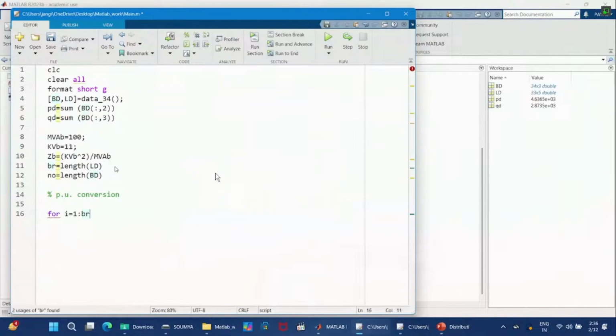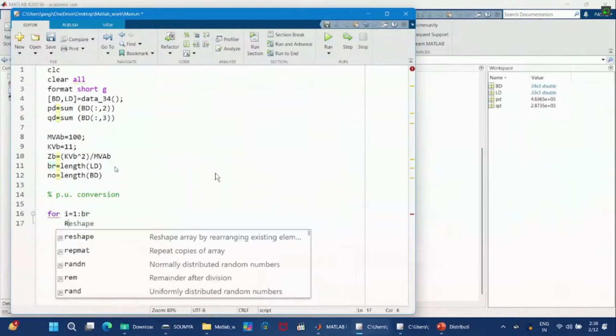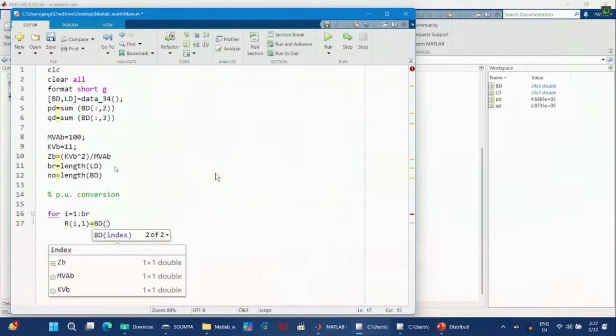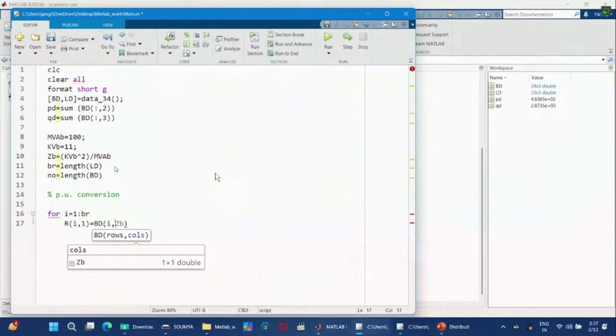Now let's move on to this conversion. For this R and X conversion, for the first bus, if I write I comma 1, it is supposed to be whatever the bus data there, I comma, sorry, it is not bus data, it will depend on line data.